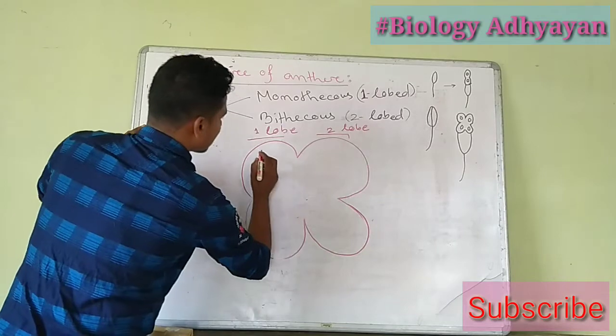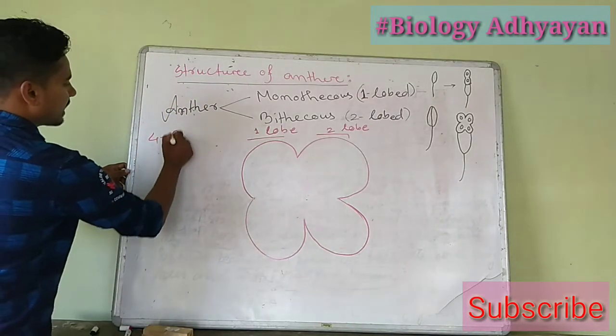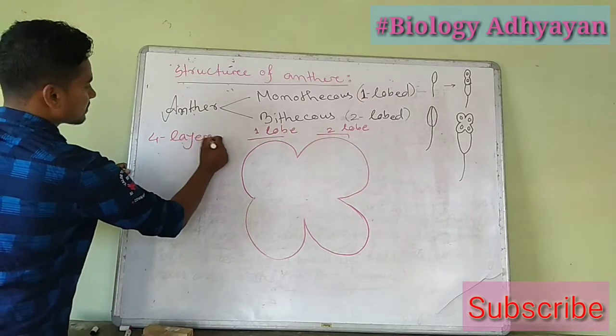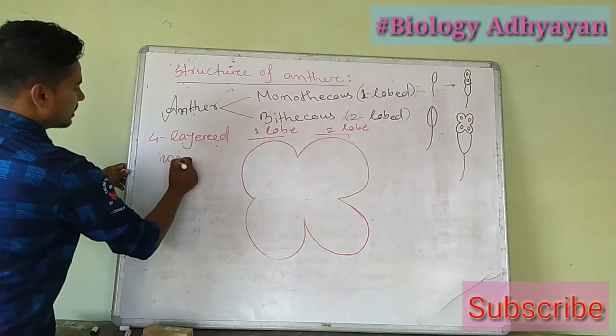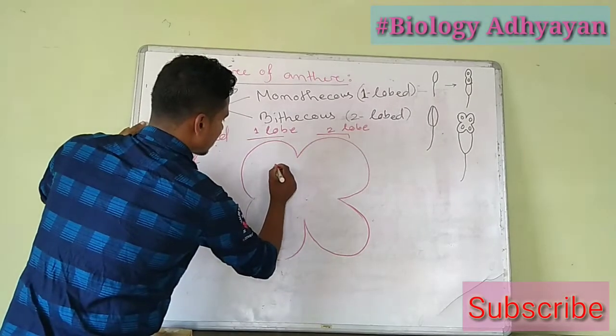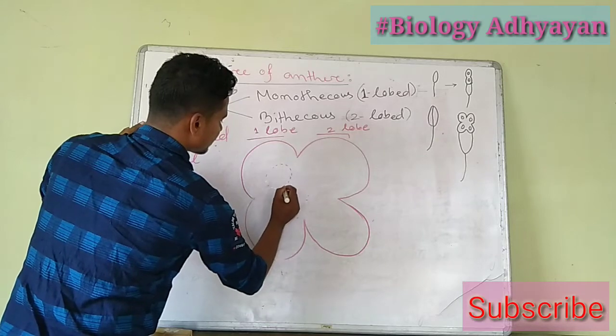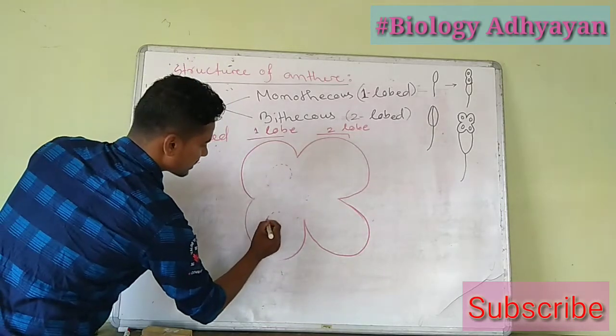You see, the anther has a four-layer wall, and this is the relative position of the microsporangium.